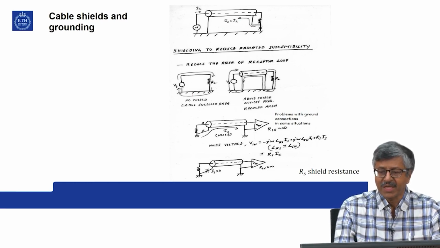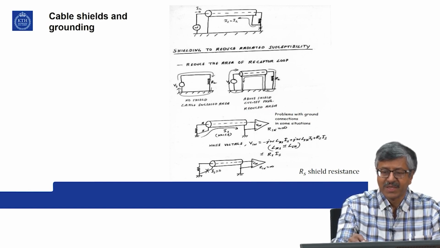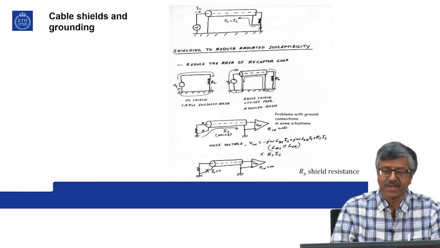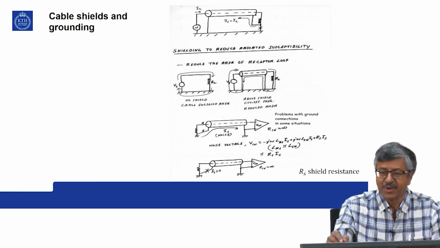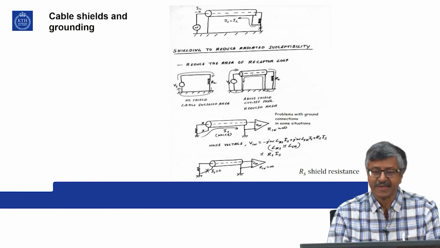This is no shield and this is shield, above shield cutoff frequency. So, you can say that this is a very large area being presented for external fields. Now, you are presenting a very small area. So, that way also you can see it.